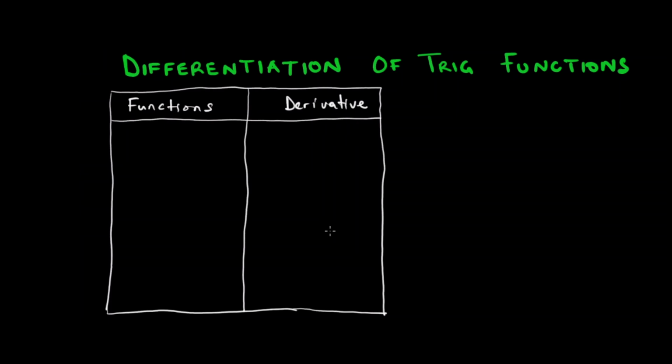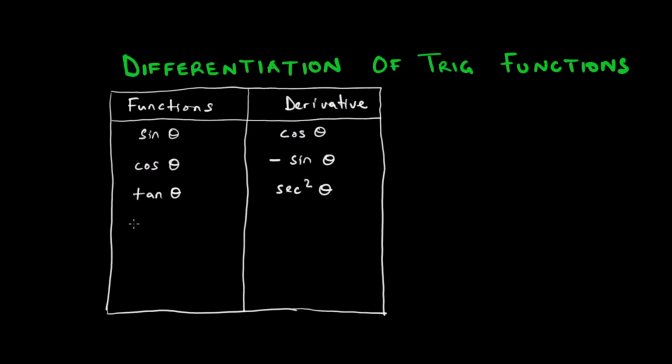So if we have sine theta as the function, our derivative is going to be cos theta. That means the derivative of sine theta is cos theta. What about cos theta? What is its derivative? The derivative of cos theta is minus sine theta. What about tan theta? The derivative of tan theta is sec squared theta.